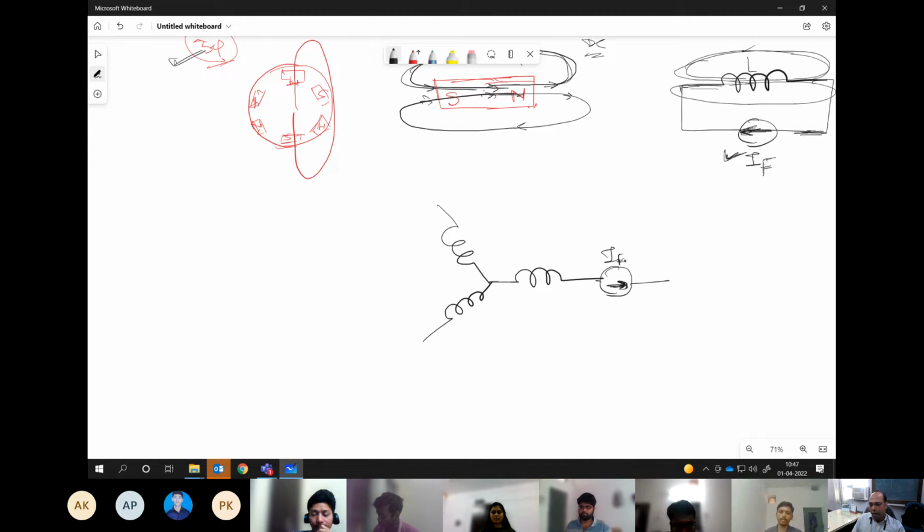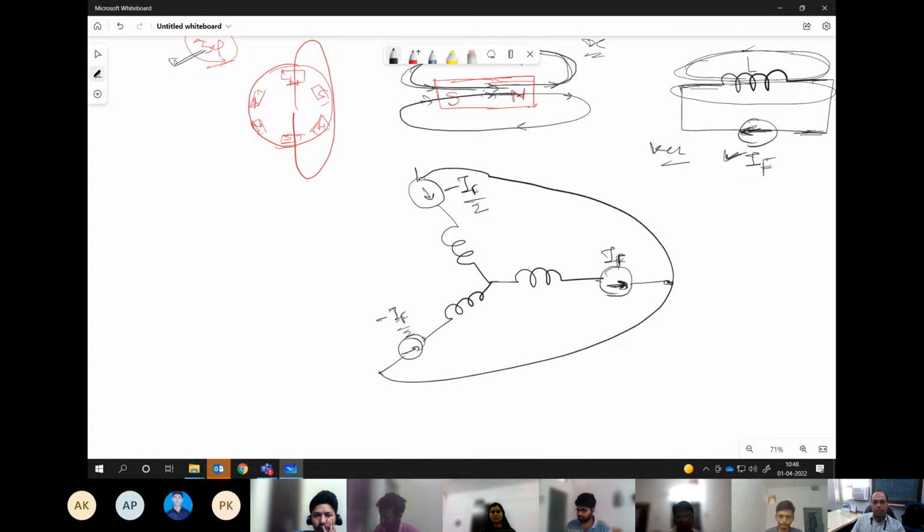Now if this is the IF current, we also have to ensure that KCL is maintained. There is no source inside here. So whatever current is going in this direction must be coming from the other phases. The total sum has to be 0 because we are dealing with a balanced system. And then you close the circuit. Understand my point?